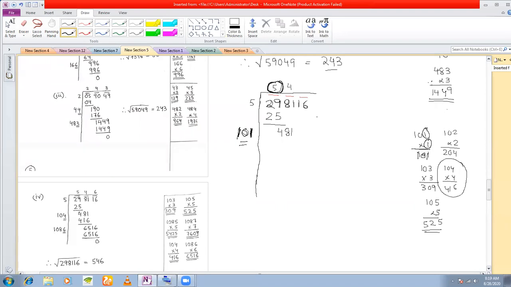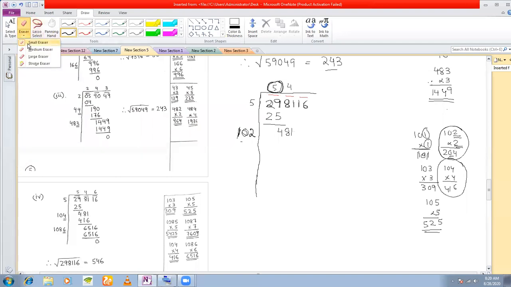So now, instead of 1, you place the digit 2. So now you multiply 102 with 2 because you have placed the digit 2. You get 204, which is again much less than 481.